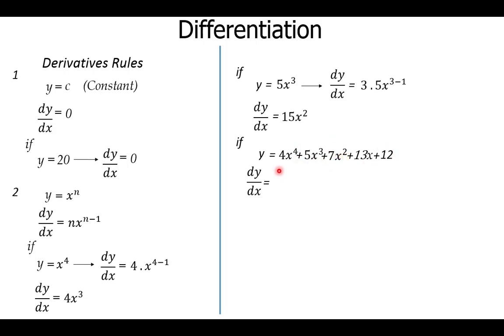So for the first one, we have 4 times the coefficient of x, which is 4.